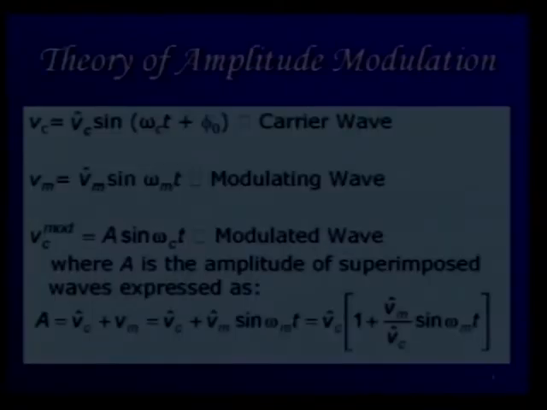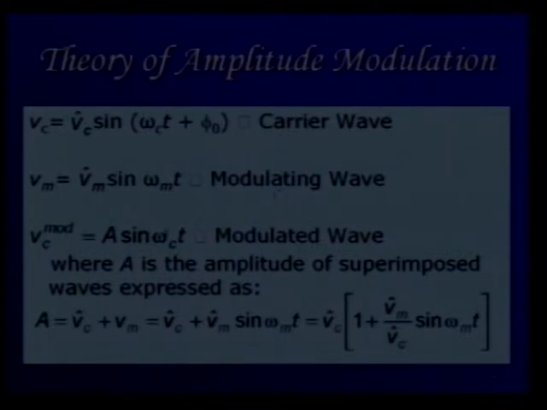If we look at the basic theory of amplitude modulation, let us assume that we have a signal Vc which is equal to Vc cap sin(omega c t plus phi 0). Now Vc cap is obviously the peak intensity or peak amplitude of the carrier wave, and Vm is equal to Vm cap sin omega m t, the modulating wave.